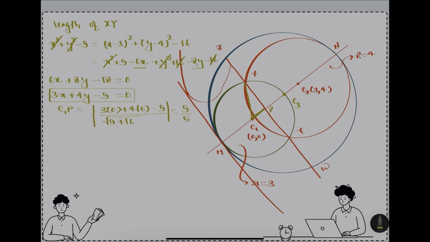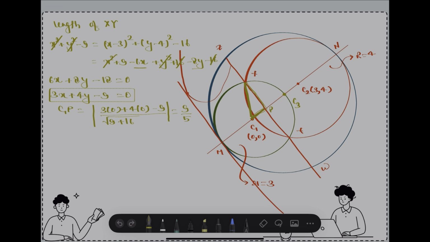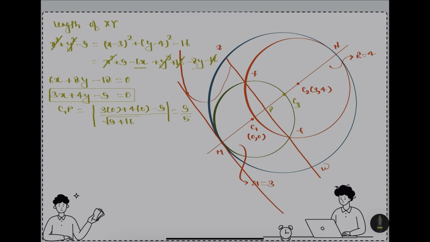Can I apply Pythagoras theorem in this triangle? Because the shortest distance is always perpendicular. So we will apply that formula. You know that C1X will become hypotenuse, so hypotenuse square is C1P square plus XP square.